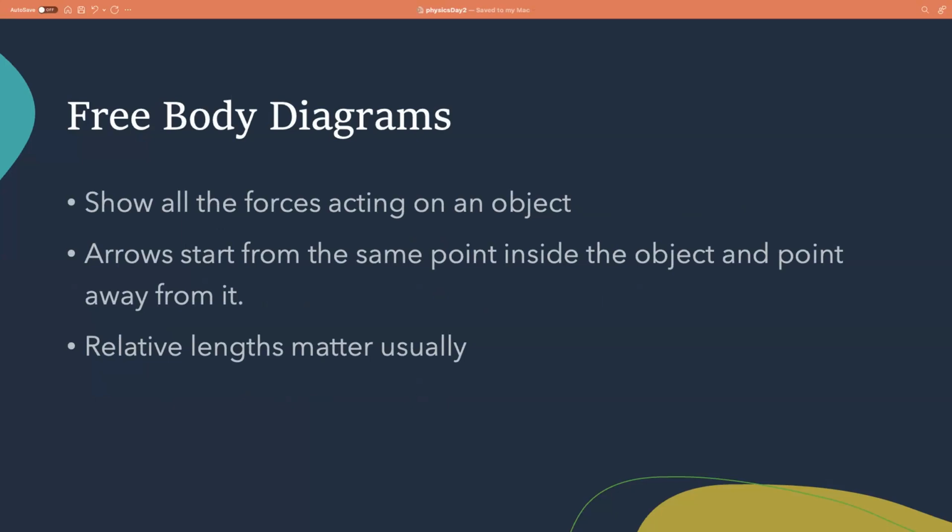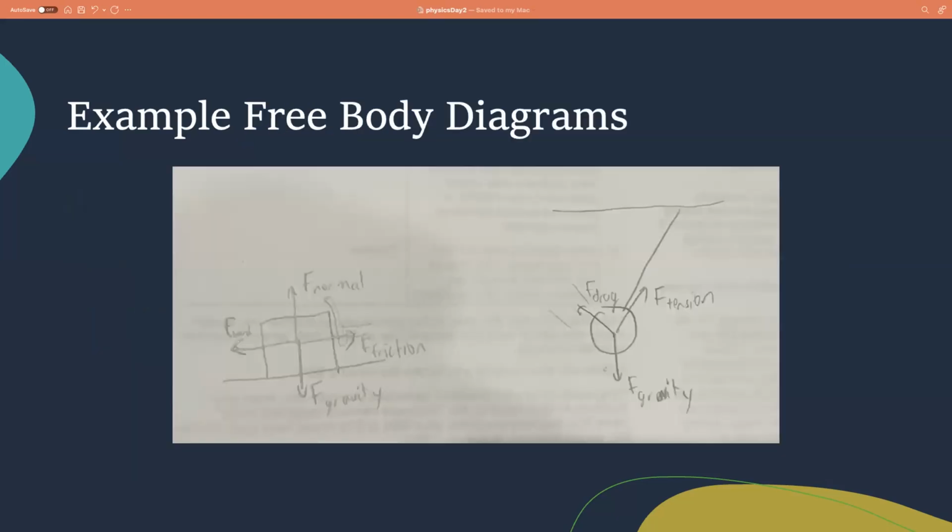The exact length won't matter since there's no standard for showing how strong the force is. But the relative lengths will probably matter, in which if one force is bigger than another, that arrow should be longer. And of course, if you add up all the arrows in a diagram, you can get the net force.